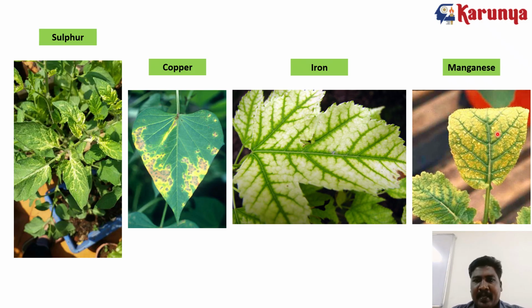Iron and manganese both produce chlorosis, but the iron deficiency symptom is referred to as lime-induced chlorosis, because calcium carbonate reacting with iron produces chlorosis. So a papery white appearance will be here, but in manganese the veins remain green. The rest of the places will show chlorotic symptoms.